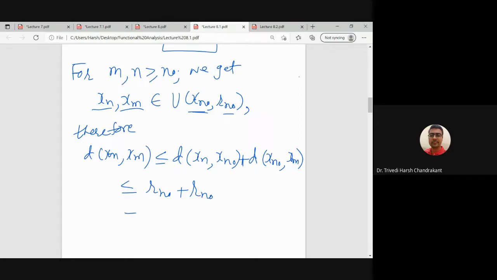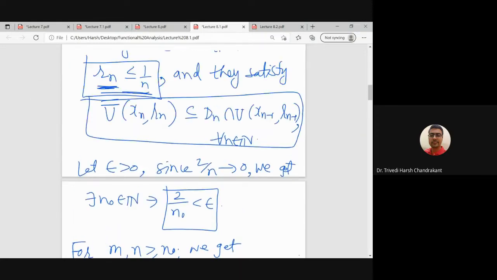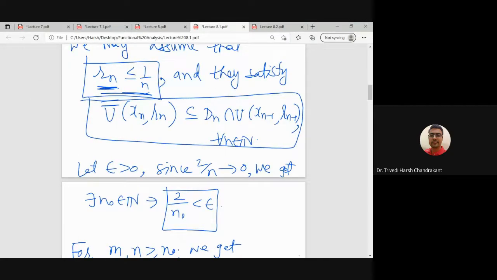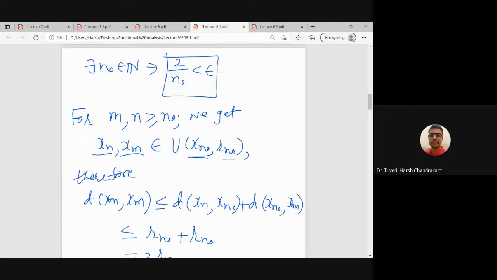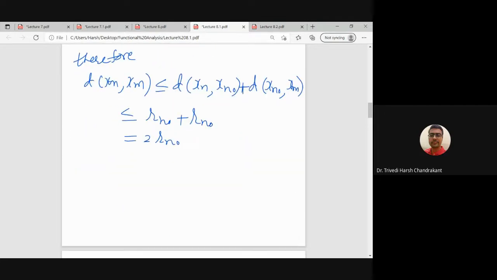So this is basically 2 rn0, and we know that rn is less than 1 upon n, so rn0 is less than or equal to 1 upon n0.